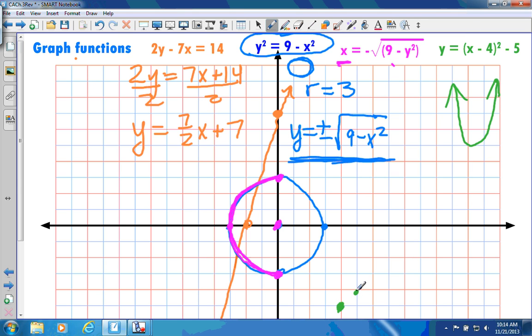And then from there, you should go 1 to the right and to the left and up 1, 2 to the right and up 4, 2 to the left and up 4, 3 to the right and up 9, and 3 to the left and up 9. And you'll have each one of those types to graph tomorrow.